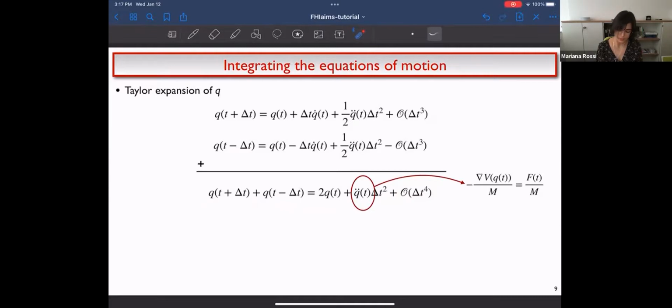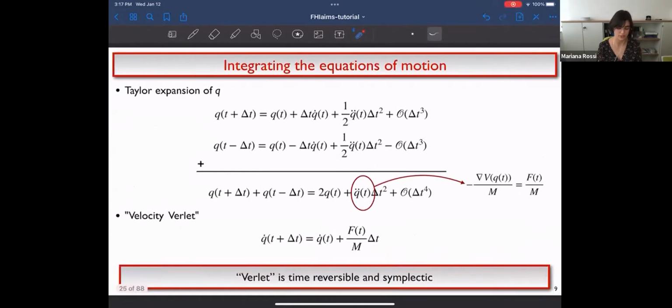And I just wanted to point out that this q dot dot, which is the second derivative of the positions with respect to time, is related to the force. So it's the force over m, so there enters the force. This is already the Verlet algorithm, and it produces dynamics which are consistent with the more normal way that you see the Verlet algorithm, which is the velocity Verlet.